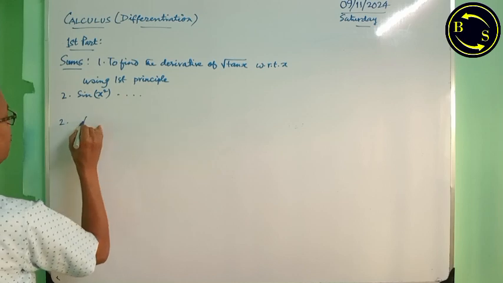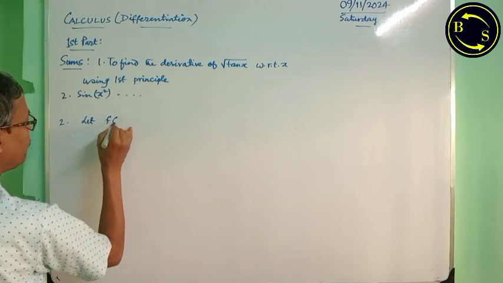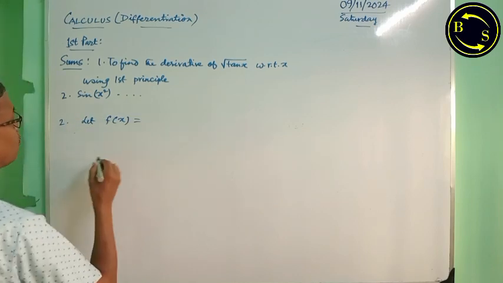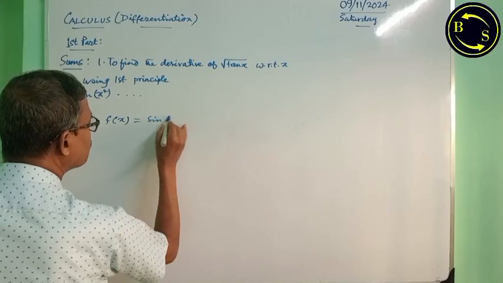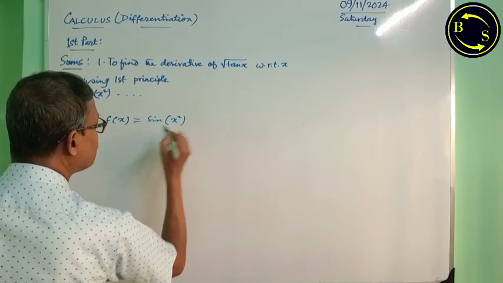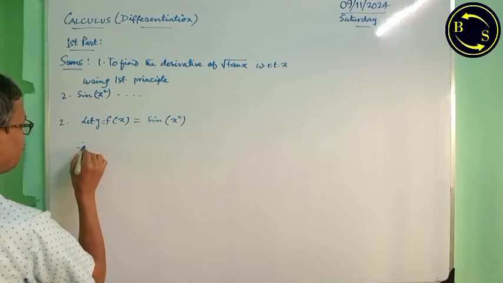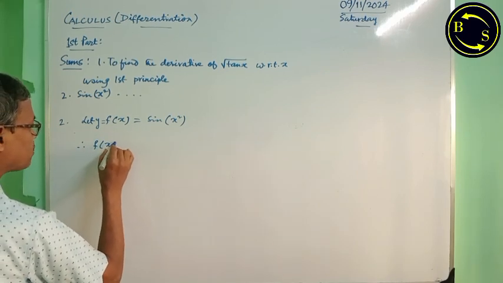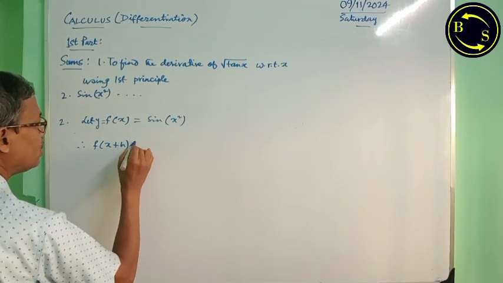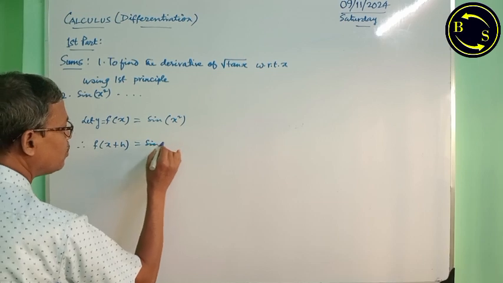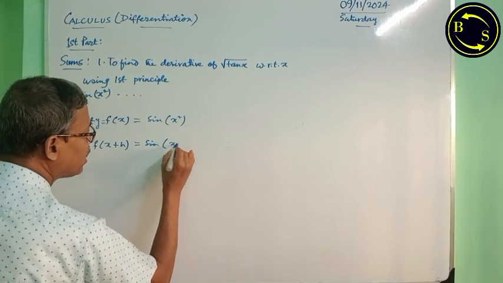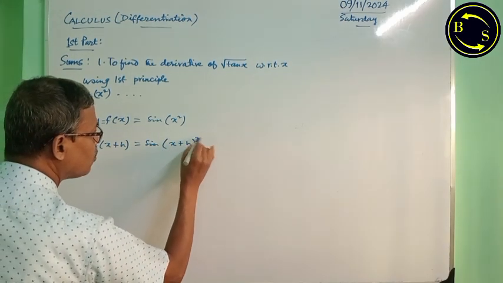Number 2, let f(x) equal to sine of x square, that is also y. Therefore, f of x plus h is equal to sine of (x plus h) whole square.